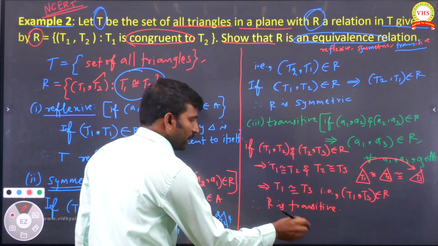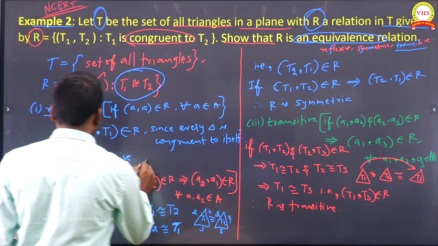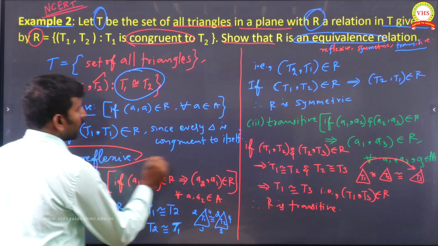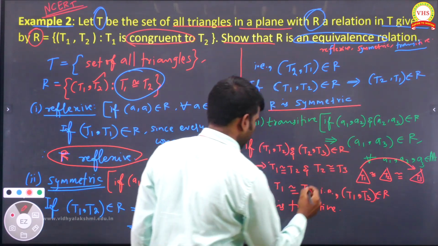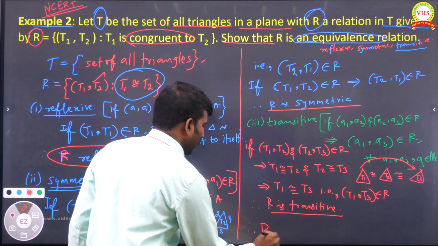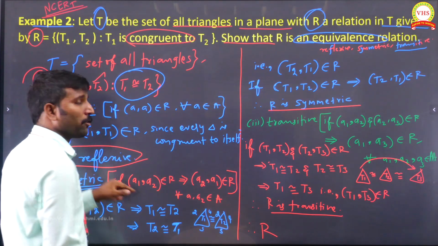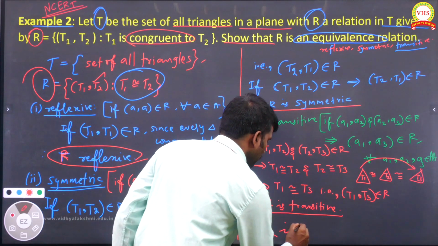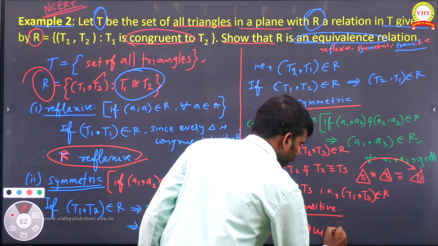Okay. So everything is satisfied. See, R is reflexive, R is symmetric, R is transitive. Therefore, the given relation R is an equivalence relation.